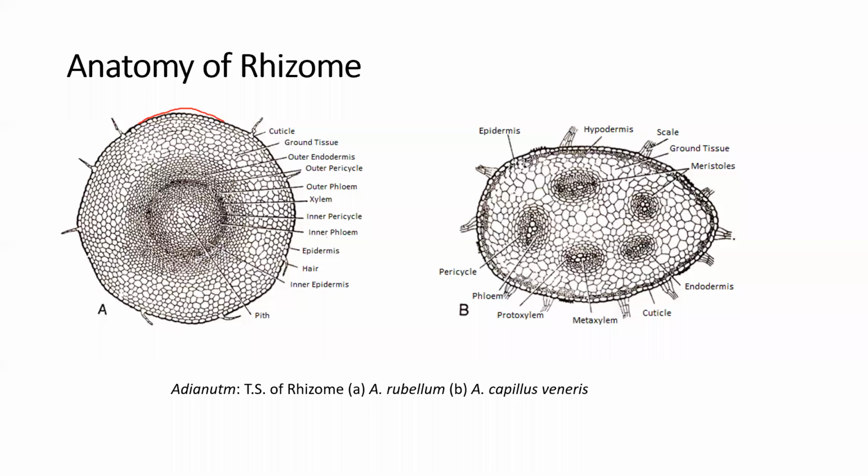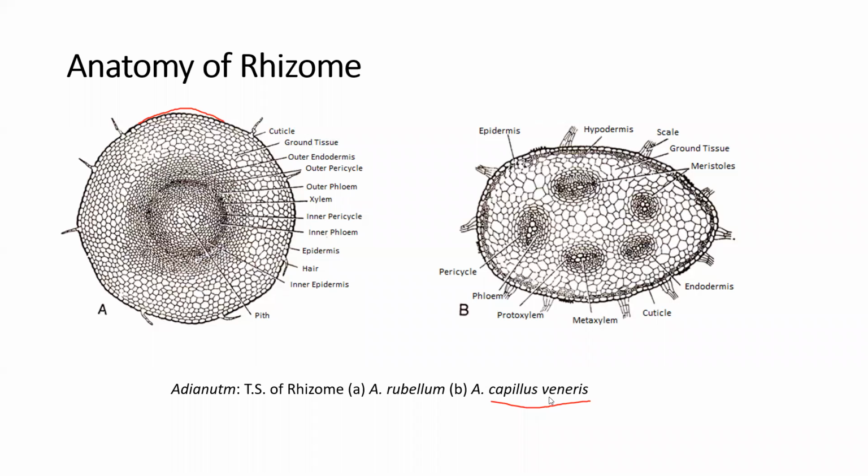The two species have different types of stelar organization. In figure A, the type of stele is siphonostele, while in figure B, the stele is dictyostele.